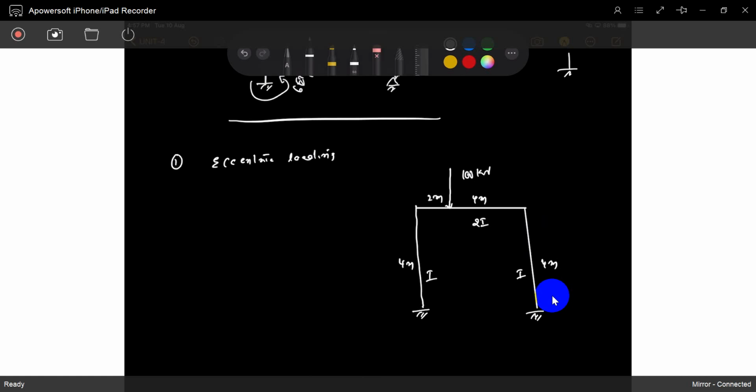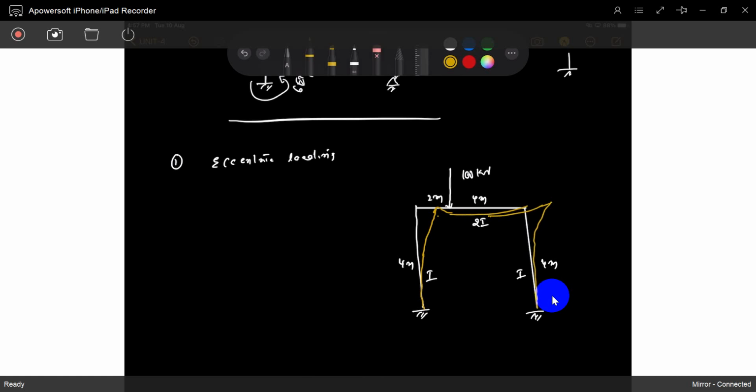Can it experience sway? Which side will it go? It will go like this. So we will draw the elastic curve later, based on the deflection, whether it's positive or negative.